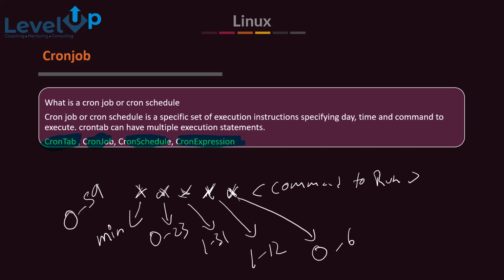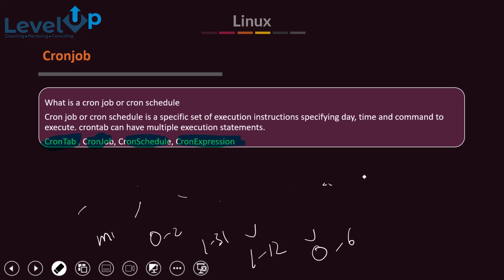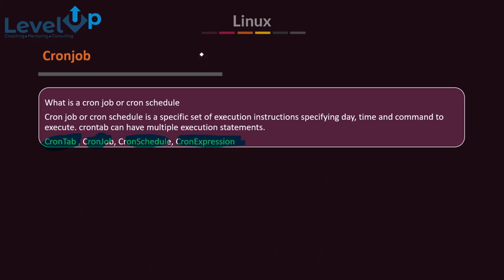Now, how would the command look? Let's see that. Even before that, let us look into something very simple. I want to run a command every 1 hour. The command that I want to run is ls.